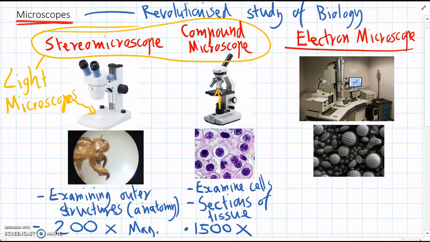So electron microscopes, obviously from the name, use electrons and they fire them in towards the living thing or the tissue, and then a computer detects what happens to the electrons. So we don't actually look through it, we just get a computer image at the end.